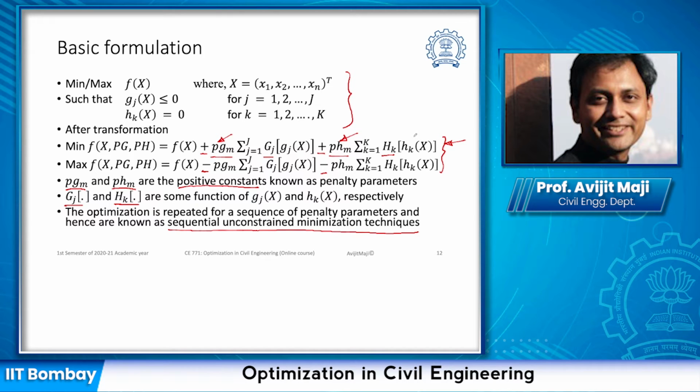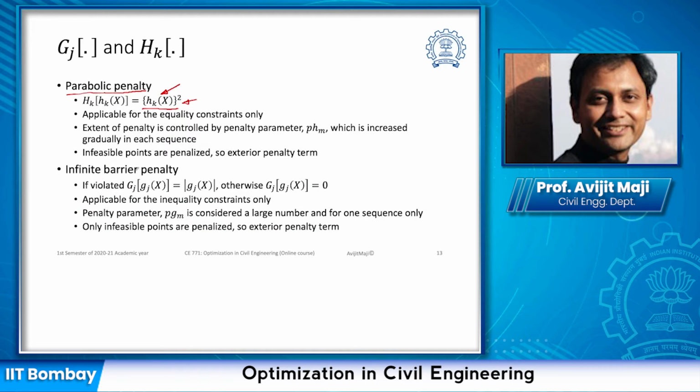In case of a minimization problem, the overall objective function value is going to increase. In case of a maximization problem, the overall objective function value is going to decrease. So to ensure that we get an optimum value, this particular constraint must be 0.